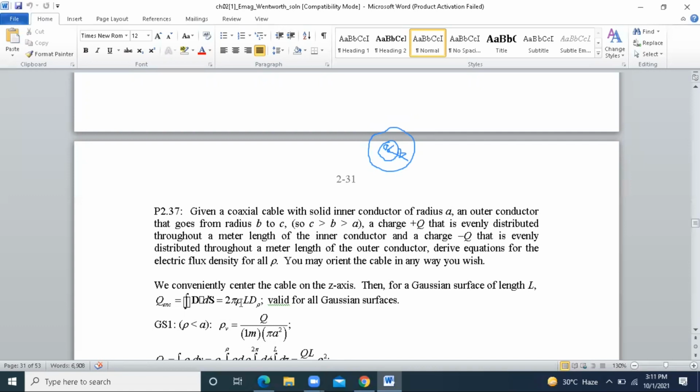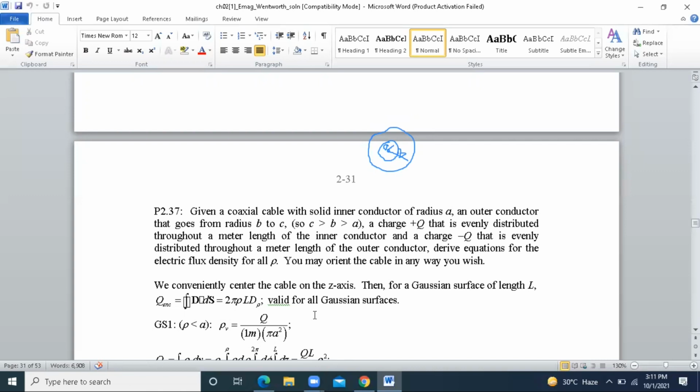This rho is what we teach from the notes as R. And the next one is the volume charge density.